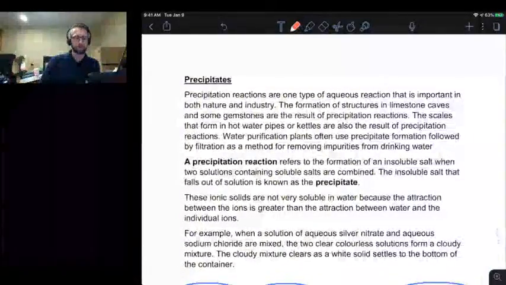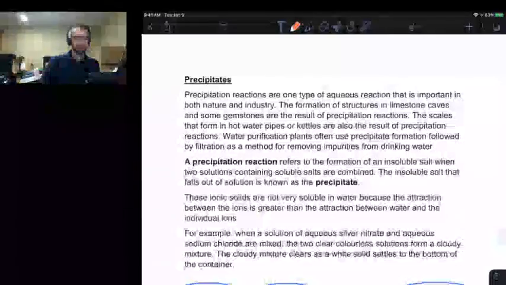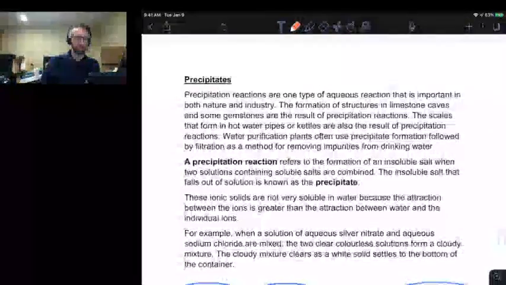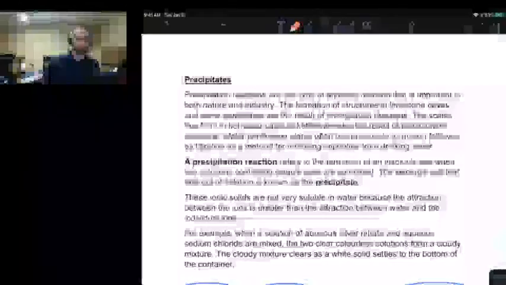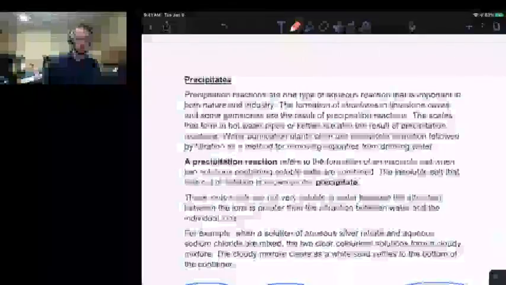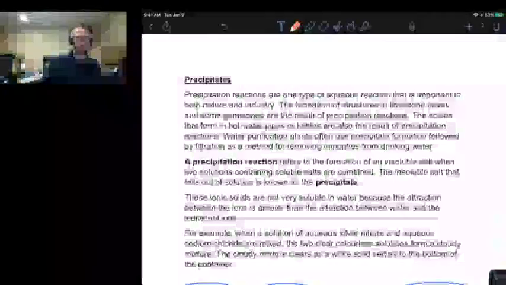The formation of structures in limestone caves and some gemstones are the result of precipitation reactions. The scales that form in hot water pipes or kettles are also the results of precipitation reactions. Water purification plants often use precipitation formation followed by filtration as a means of removing impurities from drinking water.